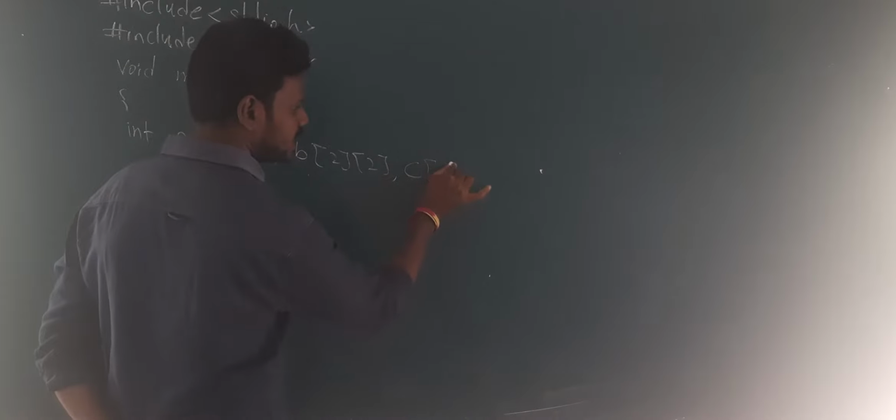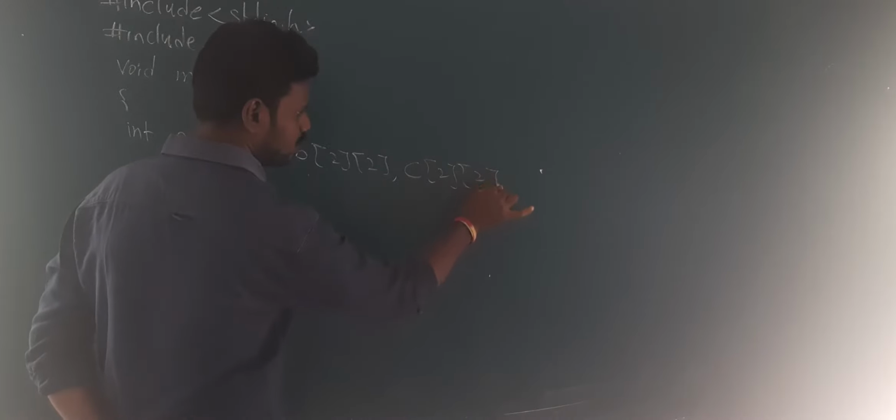In the main function, what am I going to do? I am going to declare my matrices, that is, two-dimensional arrays. That is int A of 2 by 2 matrix and B of 2 by 2 matrix. And I will take one more matrix, C, 2 by 2.